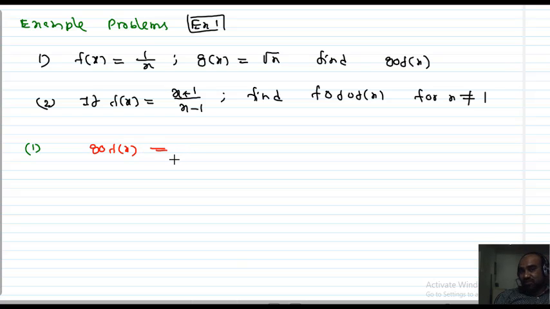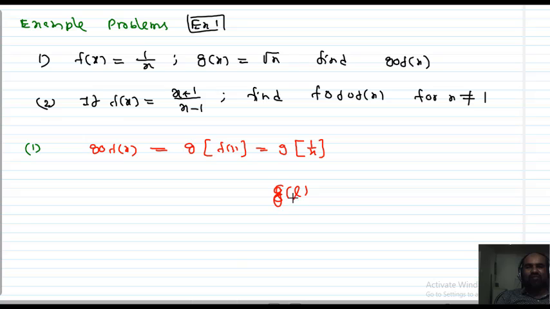So G circle f of x, the rule I want. According to the definition I can write G of f of x. G of f of x means 1 by x. Feel that this is just like G of L. G of L means root over L only. G of 1 means root over 1, G of 2 means root over 2.